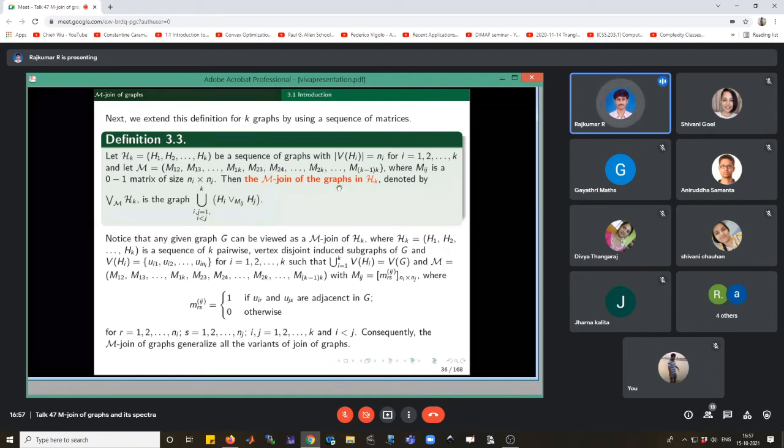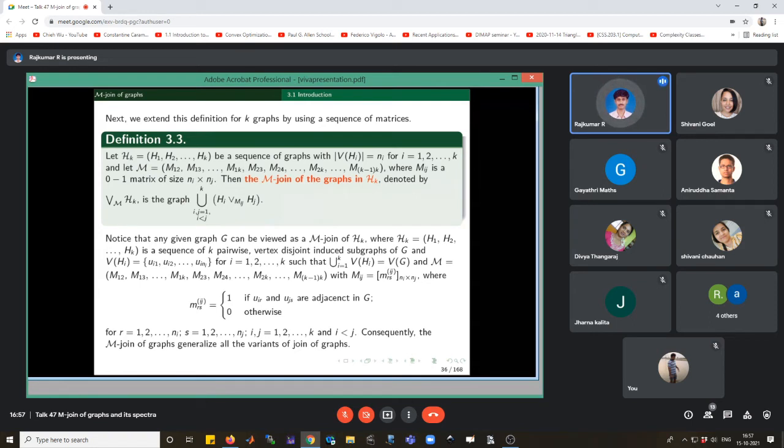Then the M-join of the graphs in H_k, denoted by this notation, is the union of the M-joins of Hi, Mij joined with Hj. That is, we take these graphs H1, H2, ..., Hk.